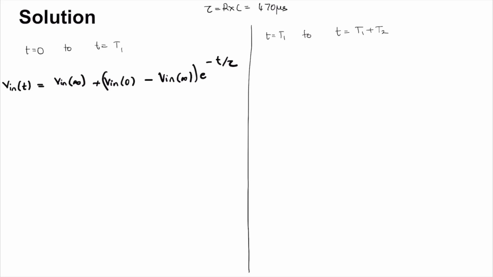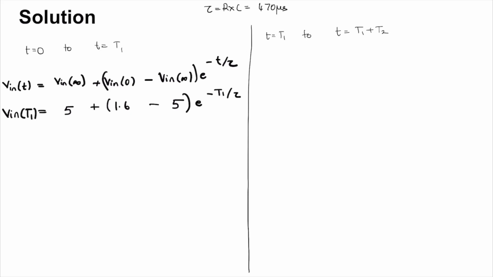From the RC charge up, we know that the Schmidt trigger outputting 5 volt means Vin of infinity is 5 volt, and Vin of 0, because the input low is 1.6 volt, is 1.6. This is e power minus t1 by tau, because we want to find out what t1 is.